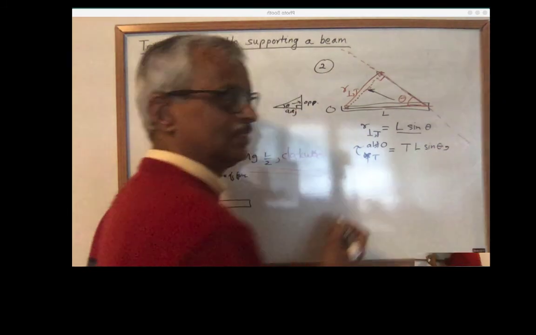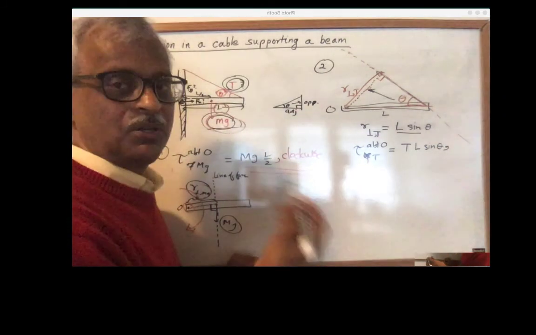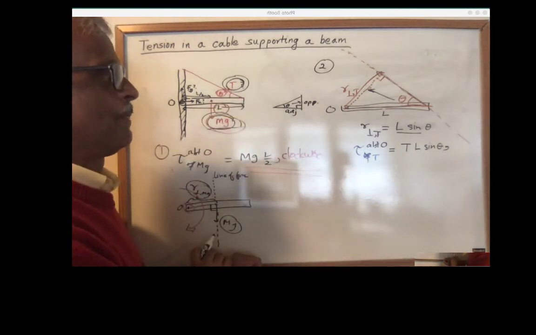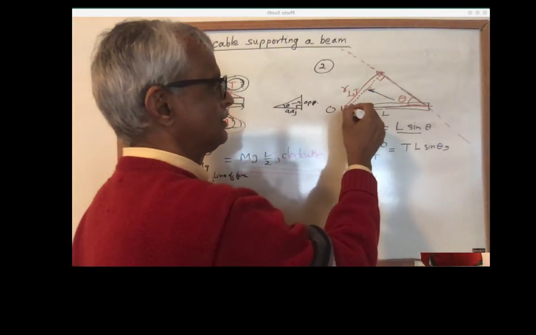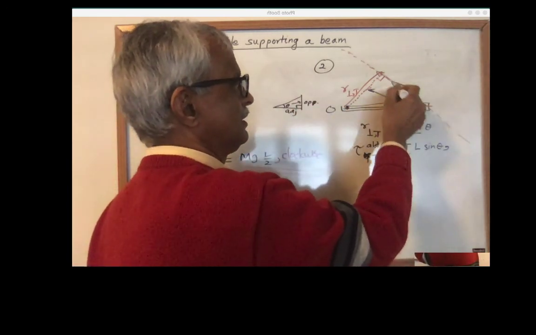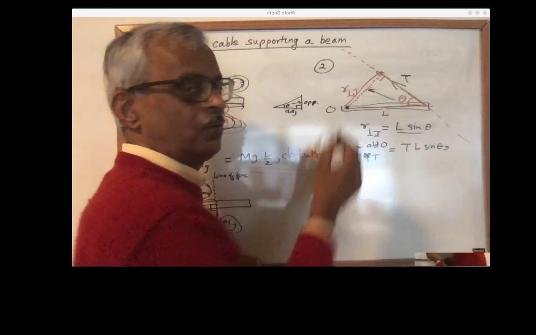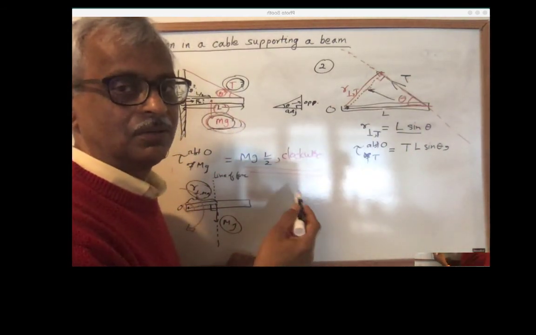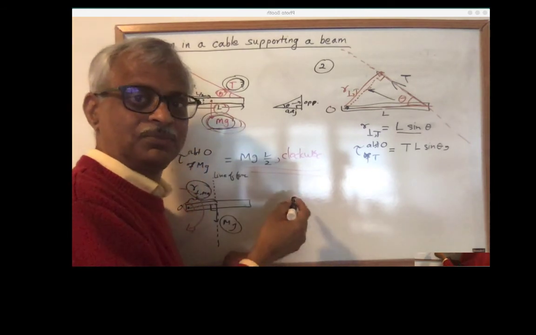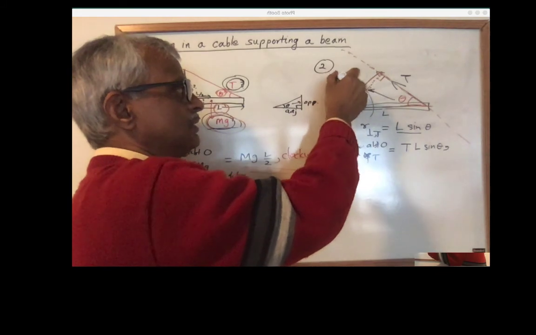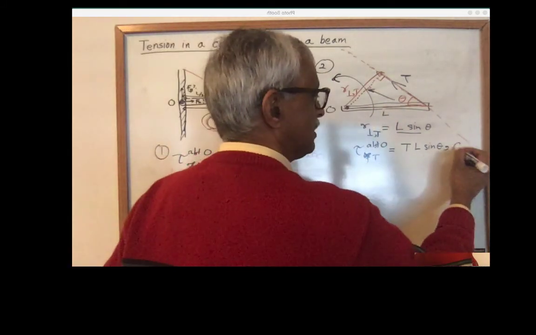I need to know the sense. So what do I do to figure out the sense of rotation? Well, I go here or here, and I ask, the tension is that way. If that was the only force acting on the beam, which is kind of weird, it's not the only force, but we have to pretend it's the only force, then which way would it have rotated? Well, it rotates counterclockwise. So this is counterclockwise.